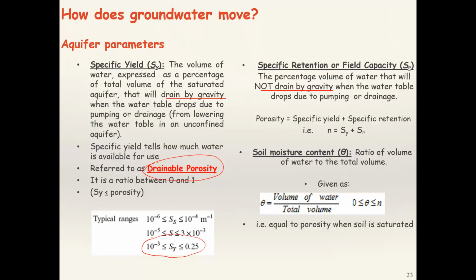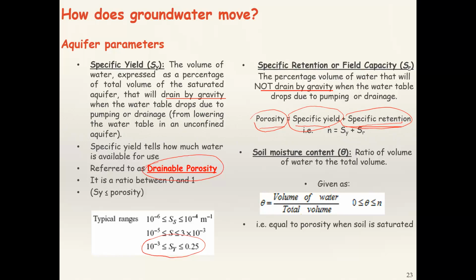Therefore, the porosity theoretically should be equal to the specific yield, that is the amount of water that you can drain out, plus the specific retention in a saturated aquifer. When it is fully saturated, the porosity will be equal to the specific yield plus the specific retention.